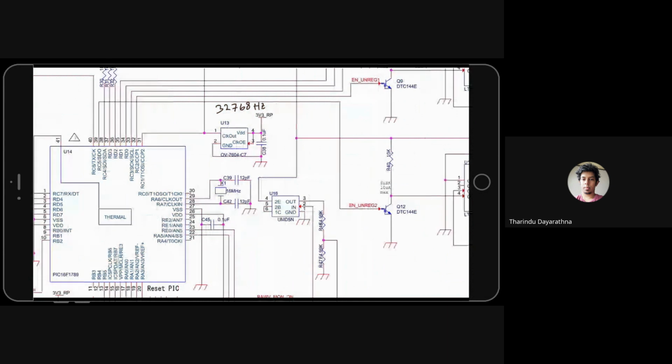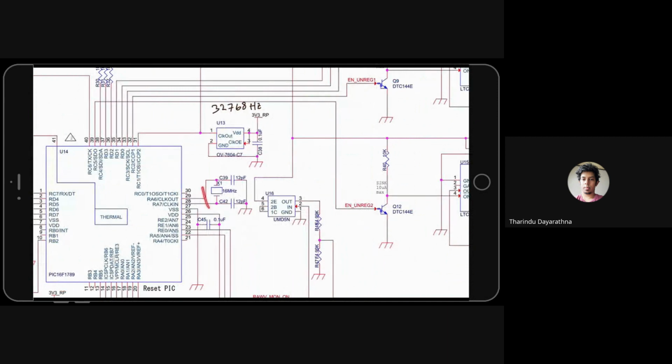Then we have the crystal. This is the clock source of the IC. This is a 16 megahertz crystal. This chip can only support a maximum of 32 megahertz. You don't need 32 megahertz for this one.